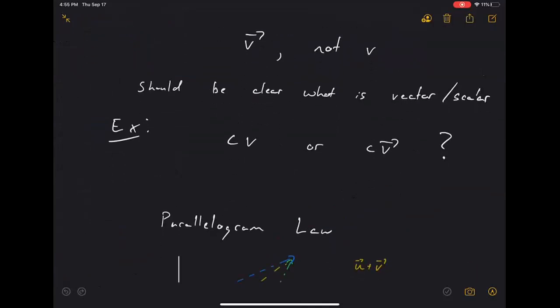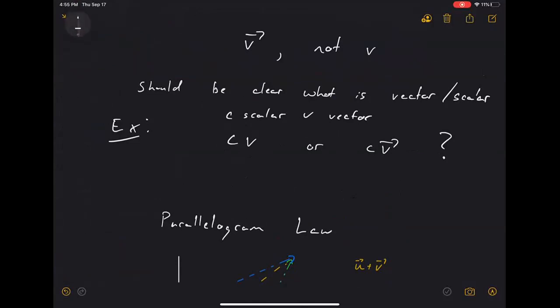So let's say C is a scalar and V is a vector. If you just write this, well, I can't tell what's a scalar and what's a vector. Maybe the default is usually V is a vector and C is a scalar, but that's not good enough, right? If you've written something out, assume I'm an idiot and I can't tell what you mean.